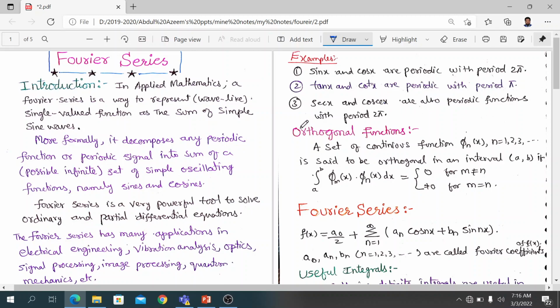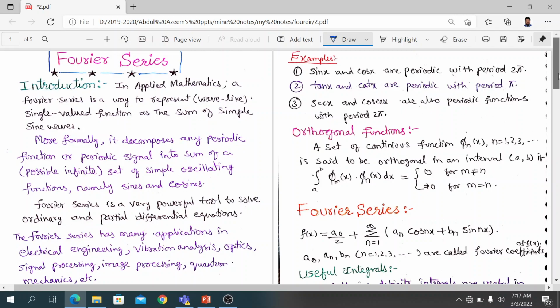Now the definition of orthogonal function. A set of continuous functions phi n of x, where n is equal to 1, 2, 3 and so on, is said to be orthogonal in an interval a, b if the integration from a to b of phi m of x into phi n of x dx is equal to 0 for m not equal to n, and not equal to 0 for m equal to n.